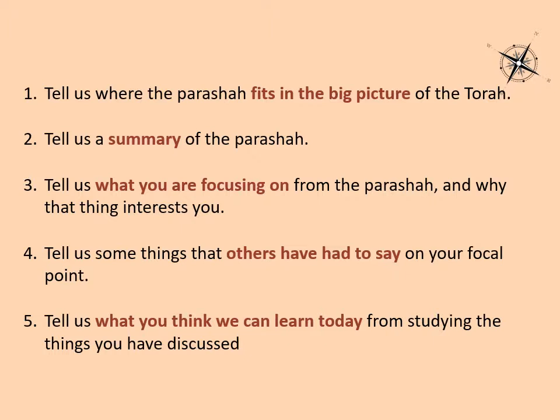What events are happening just before or just after your Torah portion takes place, so that people who are listening to you, even if they aren't Torah experts, can have some sense of where your parasha fits in the grander story.